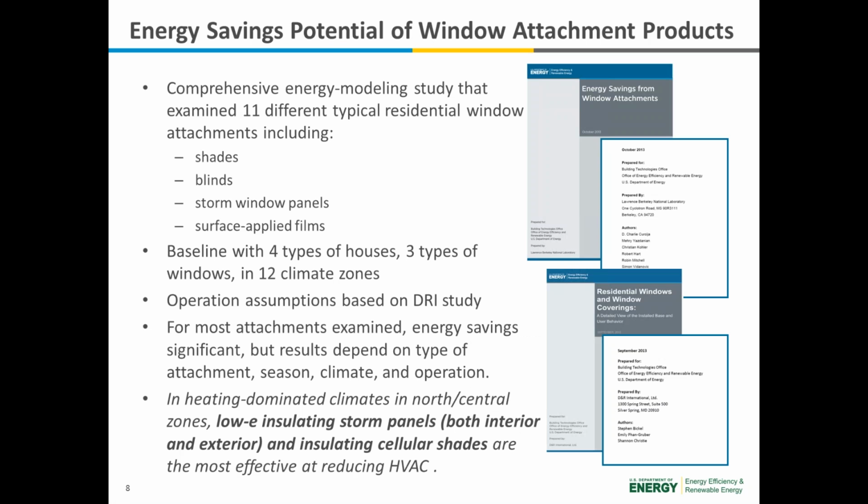Of course, how much depends on the type of attachment, the season, the climate, and the operation of these attachments. But two standout window attachments that were consistently saving energy, particularly in heating-dominated climates, were the low-E insulating storm panels and the insulating cellular shades. And that's part of the reason why we have focused a lot of our initial efforts and validation studies on these two technologies.